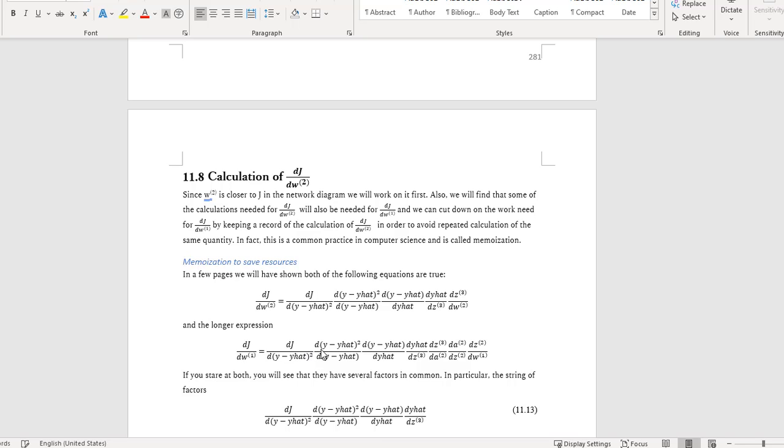And you can see basically that this is a bit longer than this one, and that's, as we said, because you have to go through more steps from J to get to W1 than you do to get to W2. W2 is closer to J.